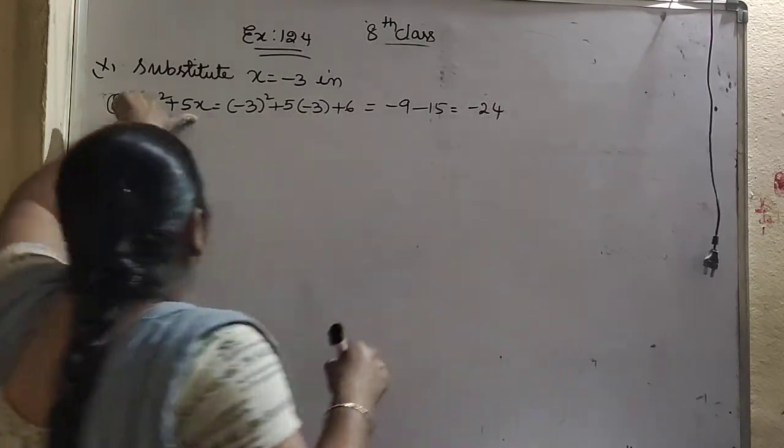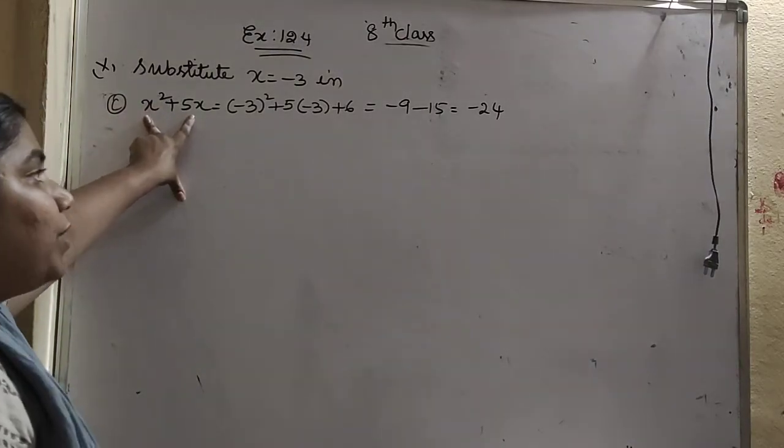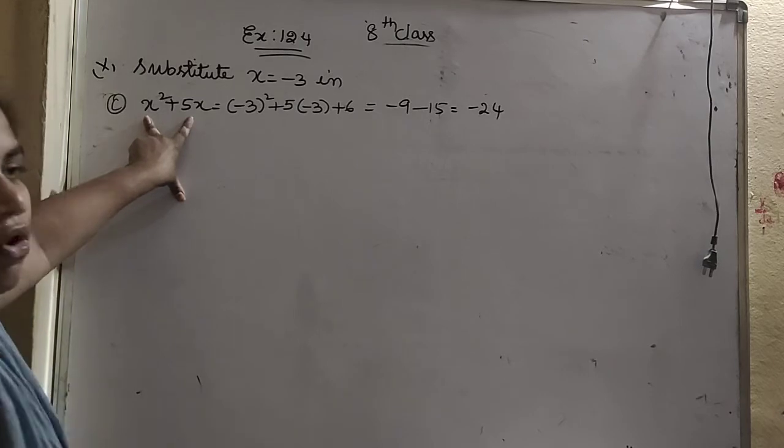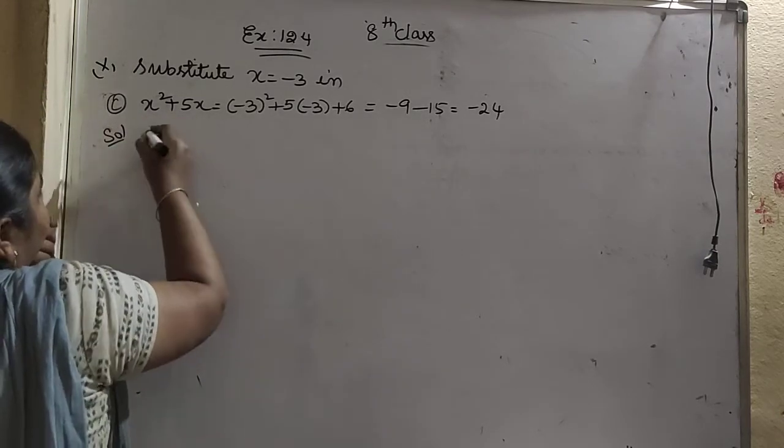So if they replace x with -3, they got -24. We will see what value we get. So this is having an error.